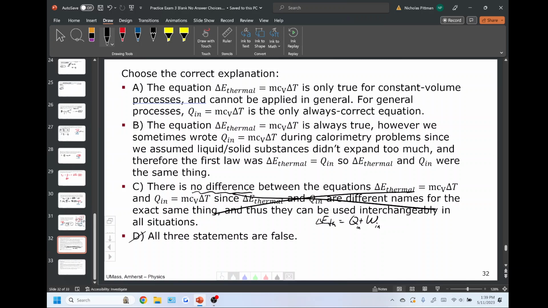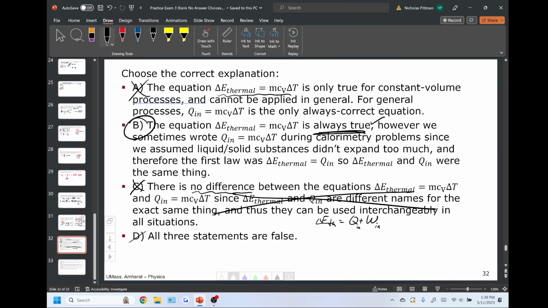Okay, this one up here, A, it turns out it's just not right. The equation delta E thermal equals mCv delta T, counterintuitively, is actually always true. And then in order to find Q, you would have to use the first law.